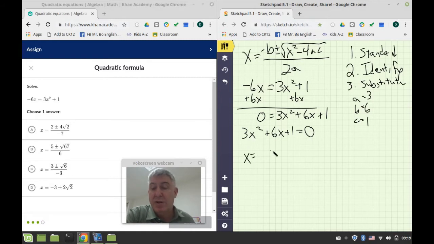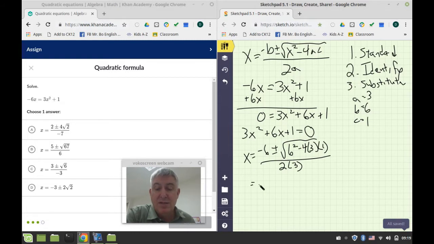X equals negative 6 plus or minus square root of 6 squared minus 4 times 3 times 1 all over 2 times 3. And that is negative 6 plus or minus square root of 36 minus 12 all over 6.